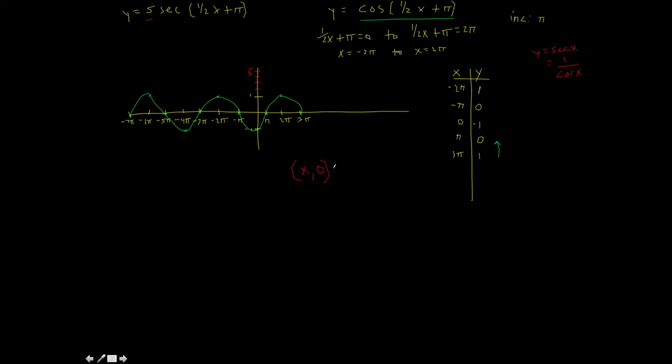Because the reciprocal would be our secant. Well, you end up with an undefined number, and thus a vertical asymptote there. So at every x-intercept, we're going to have a vertical asymptote. Because cosine equals 0 there, that means secant, because it's the inverse of cosine, is going to be undefined at those x-intercepts. Does that make sense? Hopefully so. So every x-intercept is going to be undefined when we get ready to change it to a secant.